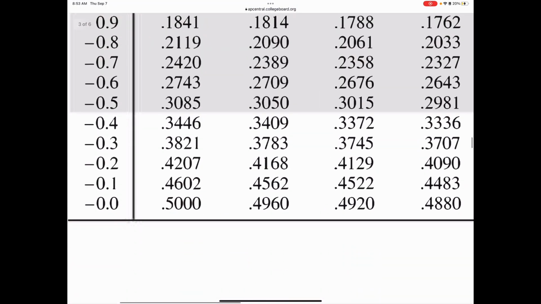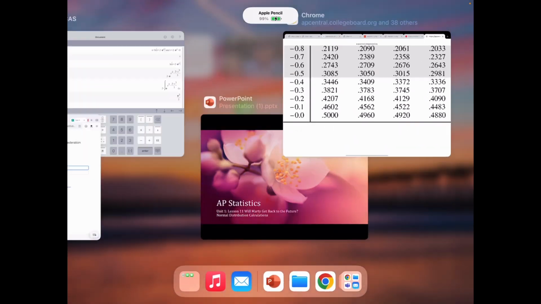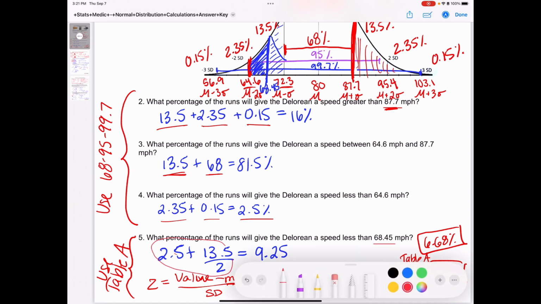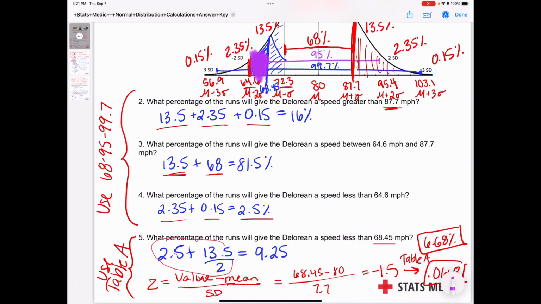All right, let's go back to the problem. If you notice, it says what percentage of the runs will give the DeLorean a speed of less than 68.45. I just discussed that if I add the area in this little area plus half of the area there, I get 9.25.